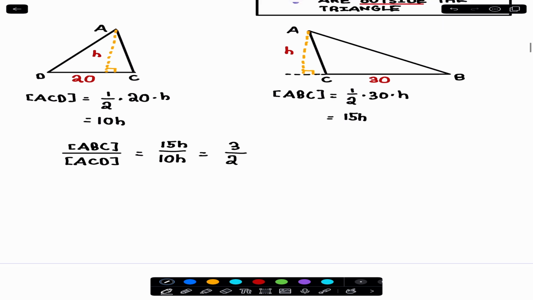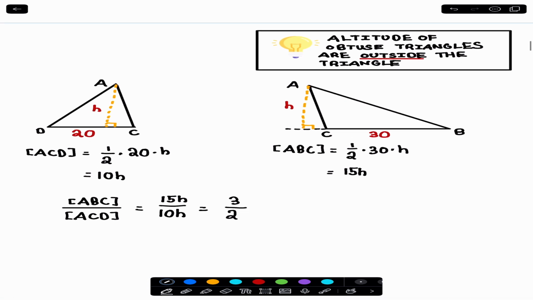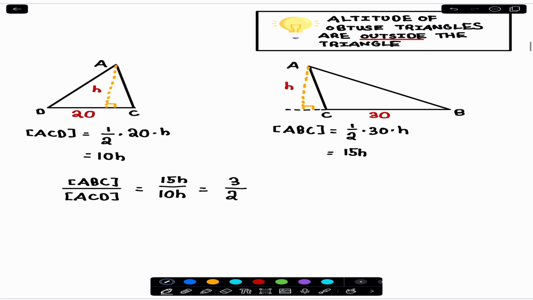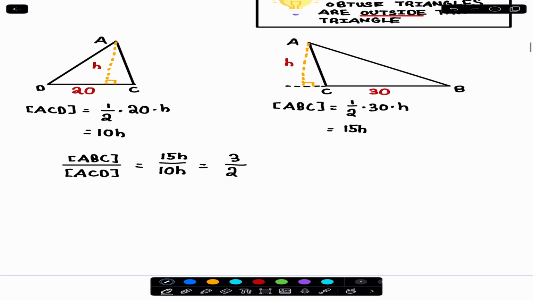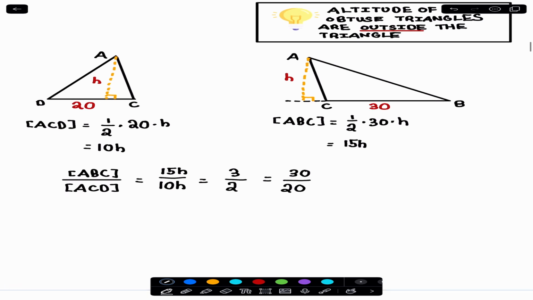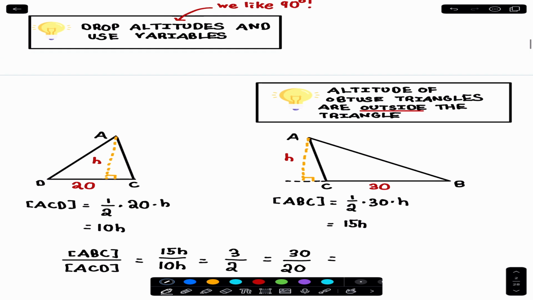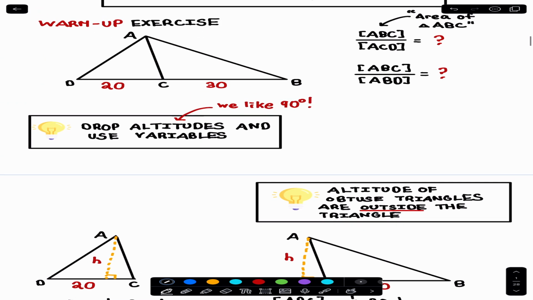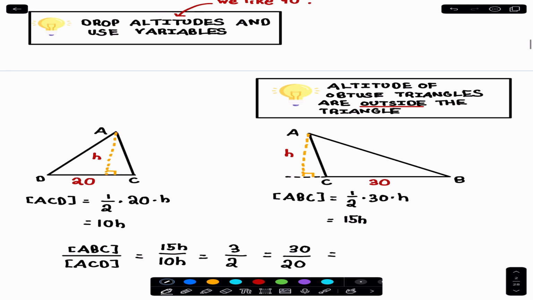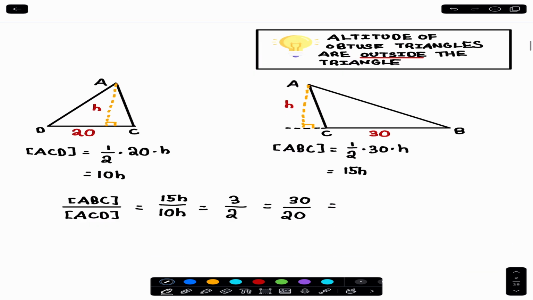Now, the number 3 over 2 is very interesting because some of you keen-eyed people might have already seen that it's actually the same as 30 over 20, which is the same as the numbers given in the problem. 30 is segment BC and 20 is segment CD.